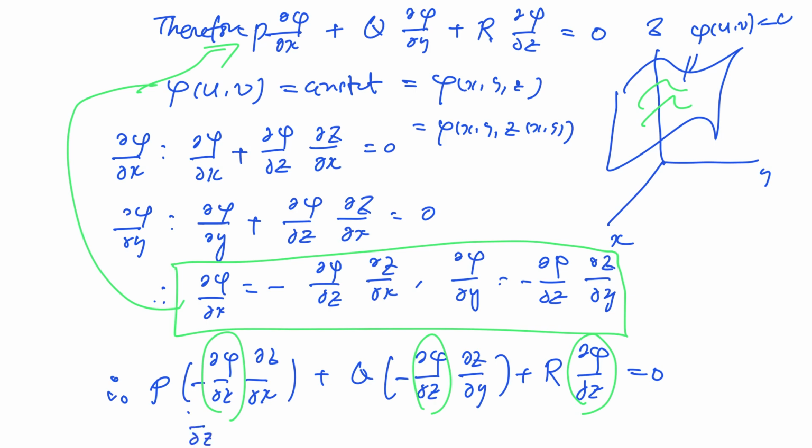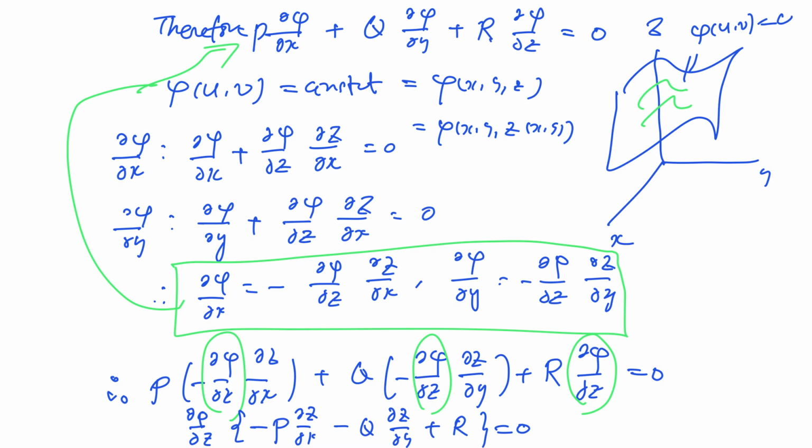Partial z partial phi times minus p partial x partial z minus q partial y partial z plus r is equal to 0. And this equation is supposed to be 0 for all this partial phi partial z. Then this should be 0, right?